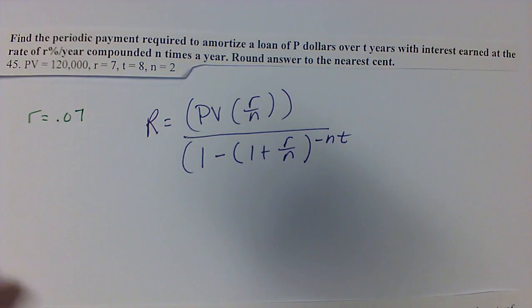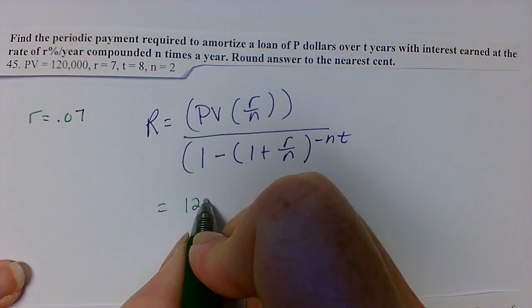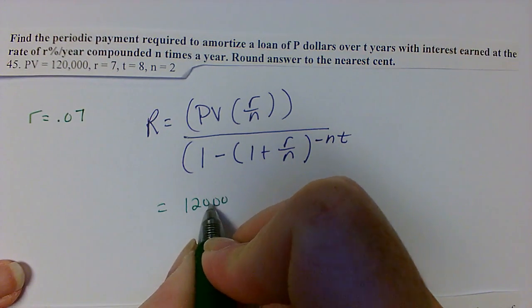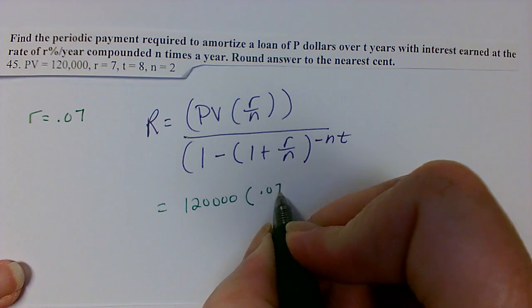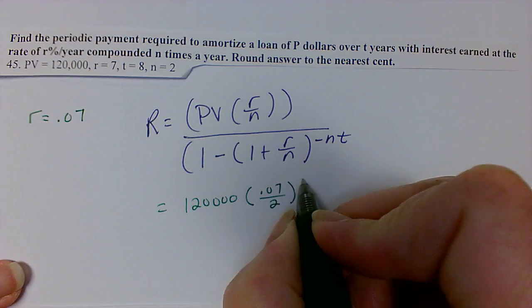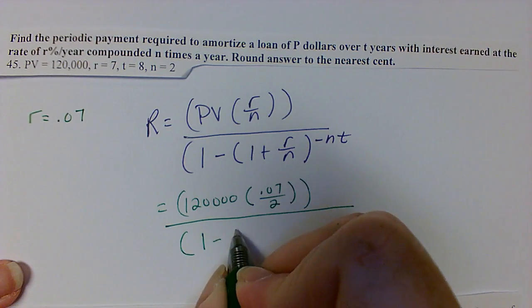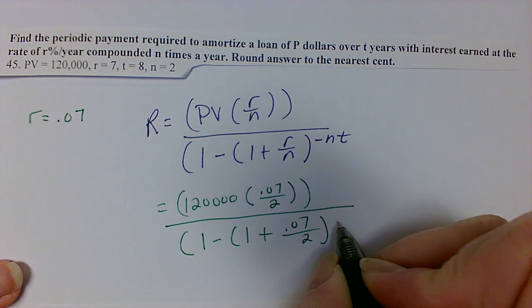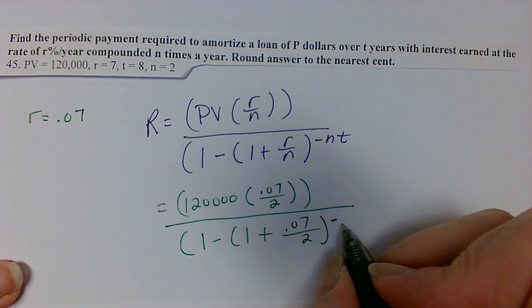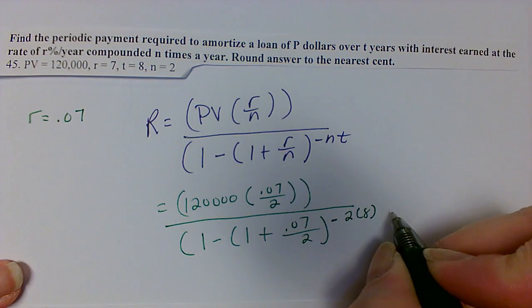So now all we have to do is plug in our values. So we're going to have our PV is 120,000 times our R, which is 0.07, over our N, which is 2, divided by 1 minus (1 plus 0.07 over 2) raised to the negative 2 times 8.